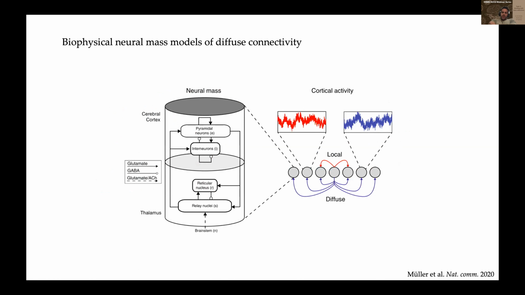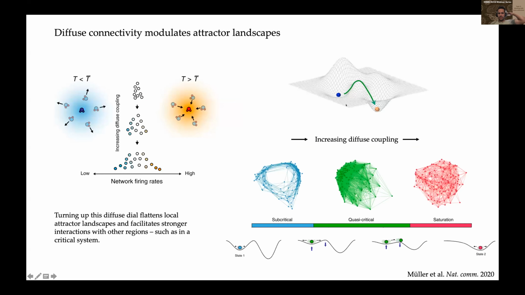So we took that anatomical principle and decided to build a model of it that included a neural mass model. Again, I won't go into the details here. The key thing to remember is we just wanted to model the local connectivity and diffuse connectivity. And when we did that, what came out was this nice intuition from physics, which is you've got some type of attractors.